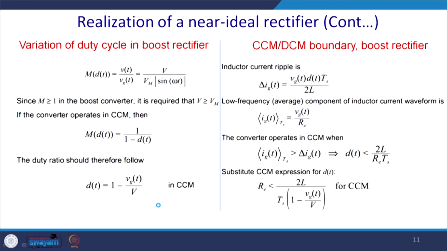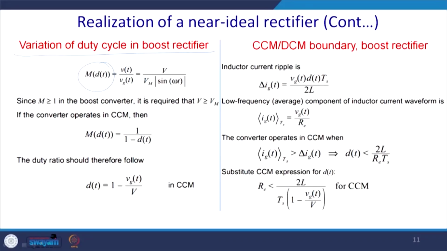Now, there is a way to achieve it, the variation of the duty cycle in the case of the boost rectifier. This topology is called the boost rectifier. So, it is M(d(t)), that is V by Vg, V by Vm sin omega t.